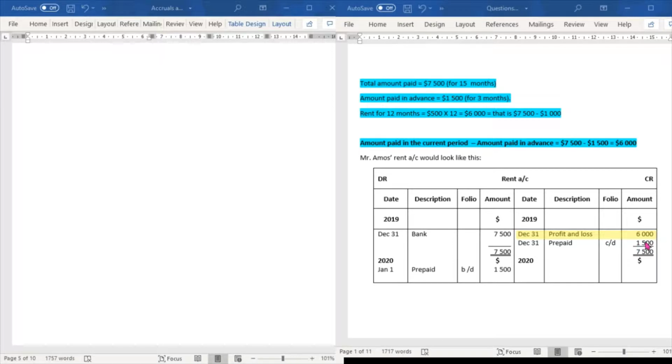So that is going to be carried down as a current asset to the next period. He's making a prepayment, so that is going to be a current asset on the account. So it has to be carried down on the credit side in order for it to be brought down on the debit side. So in balancing the account, you'll see that the amount to be transferred to the profit and loss account is $6,000.